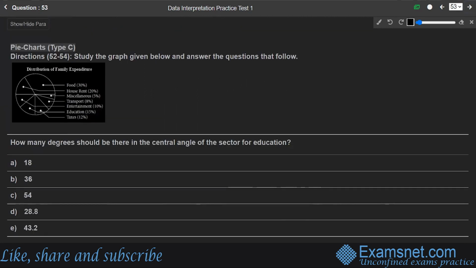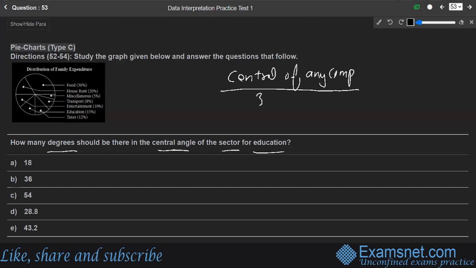Now, for the same pie chart, we have to solve a different question. How many degrees should be there in the central angle of the sector for education? What is the concept of central angle? We can write it as a formula: the central angle of any component of the pie chart divided by 360 degrees is equivalent to the value of the component divided by the total value, or the total expenditure in this case.